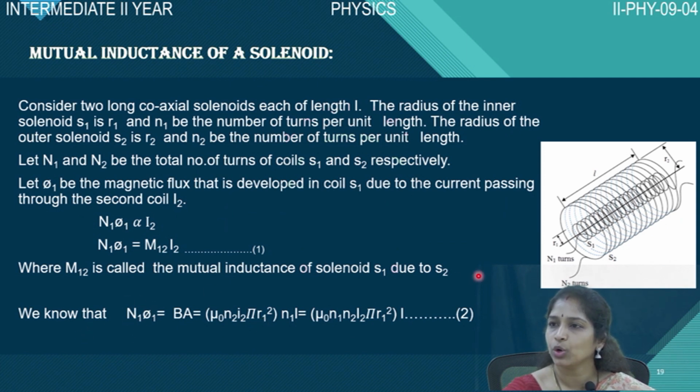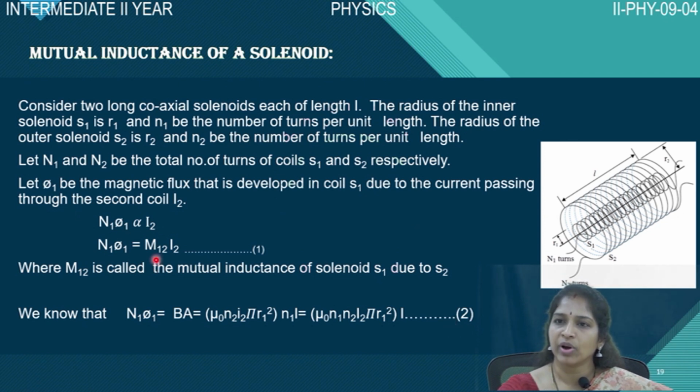N1 is the total number of turns in the first solenoid, and that equals the number of turns per unit length into L. So we get mu naught n2 I2 pi R1 square n1 L. On simplifying, we get mu naught n1 n2 I2 pi R1 square L. Consider this as equation number 2.